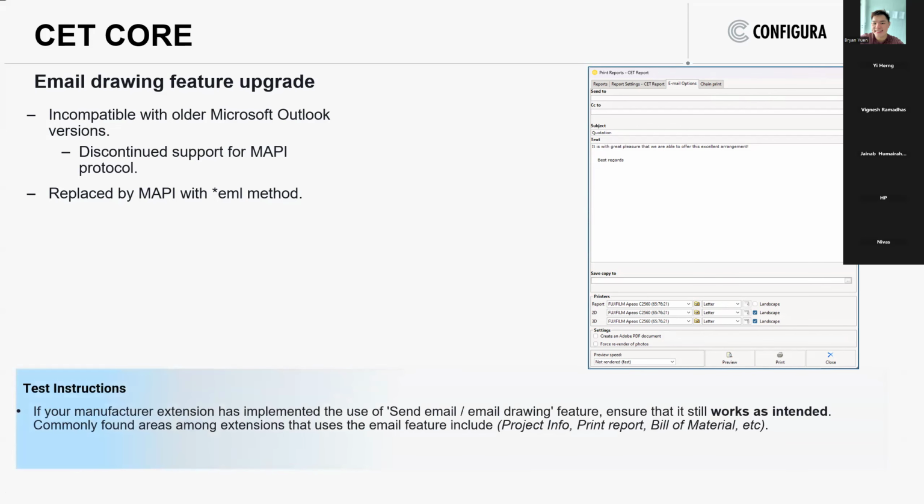To test if your manufacturer extension has the send email or email drawing feature, ensure it still works as intended. The commonly found areas would include project information, print report, or bill of material, which is the calculation dialog. This is a highly customizable feature, so it's really subjective depending on your manufacturer.